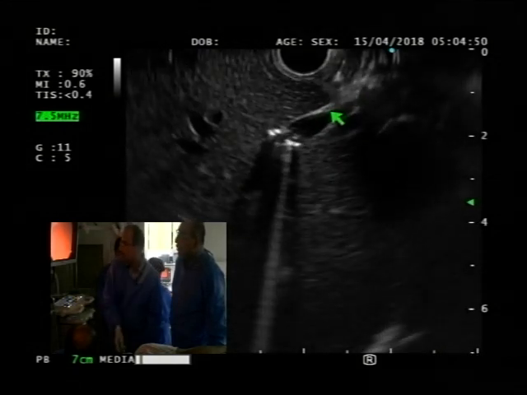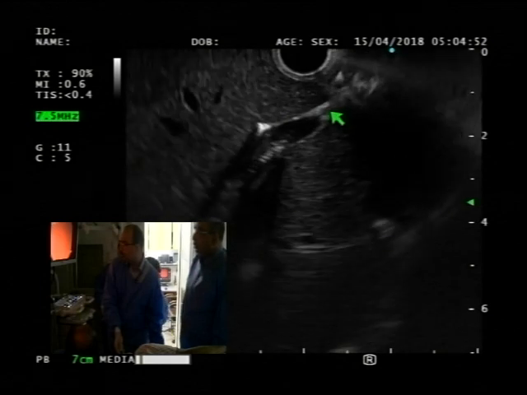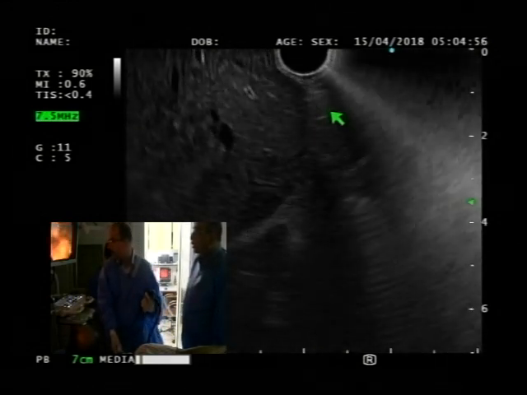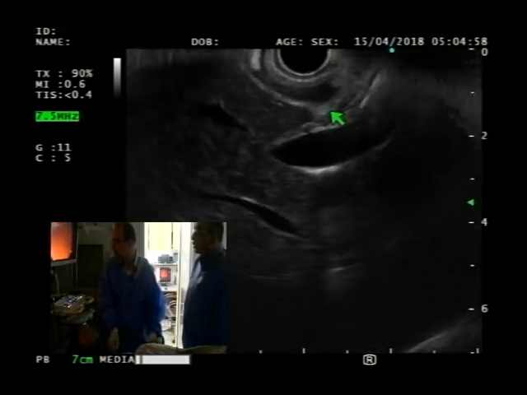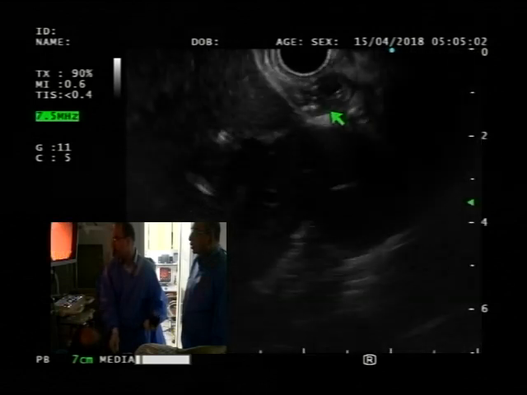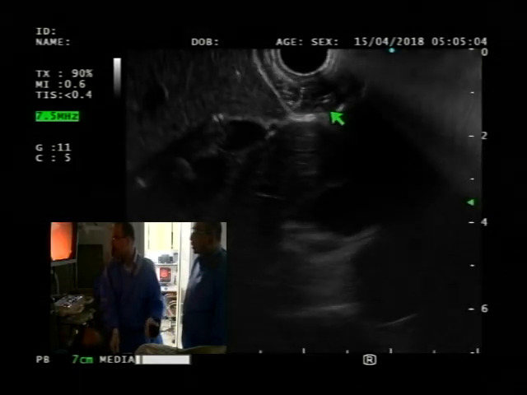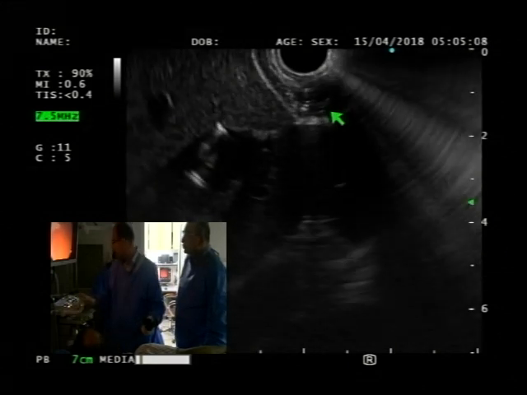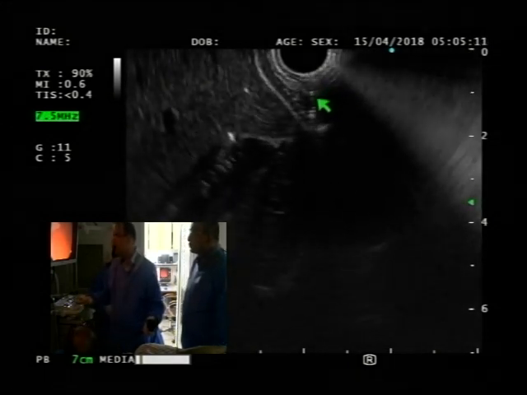And then as we go clockwise, it's not working out in her. There. As I pull back and go clockwise, right here is your biliary duct.